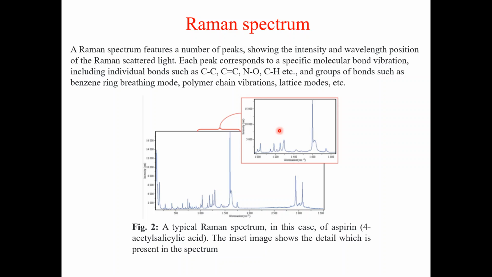Each peak corresponds to a specific molecular bond vibration, including individual bonds such as carbon-carbon, double carbon-carbon bond, nitrogen-oxygen bond, and carbon-hydrogen bond, etc. And a group of bonds such as benzene ring breathing mode, polymer chain vibrations, lattice modes, etc.